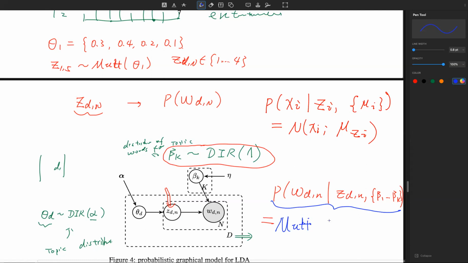What's the parameter? So definitely we try to model WDN, right? So I'll put a comma here. And what's the parameter of this multinomial distribution? I mean, just draw some analogy to that. We have a set of mus and we got a set of betas.